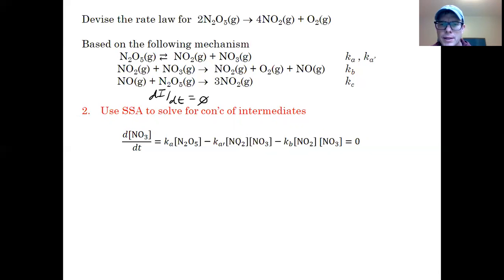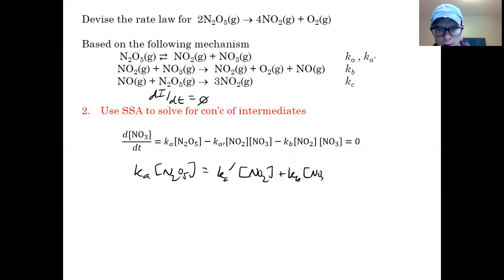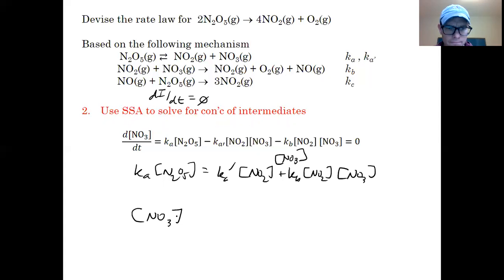So I'm going to bring my two terms with NO3 over to the right-hand side: Ka N2O5 equals Ka prime NO2 plus Kb NO2, times NO3. And then solve this for NO3.